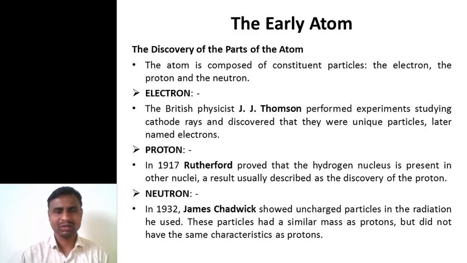Because neutrons are neutral, they are not deflected by any kind of electromagnetic field, but they have a certain mass, equivalent to the mass of the proton. So these are the three particles that exist in an atom in the early discoveries of the atomic model.